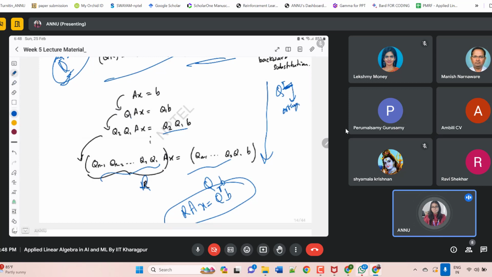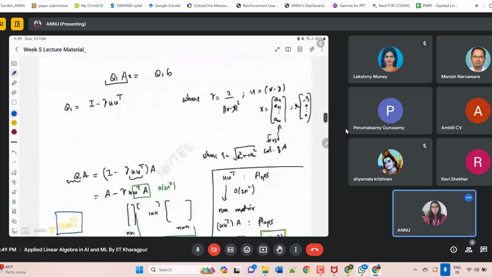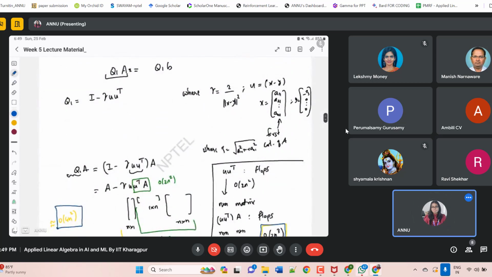One property I'm telling you: the inverse of a lower triangular matrix is also lower triangular. Similarly it goes for orthogonal. That's why we are converting into QR and LU. Okay, so this was the main thing.